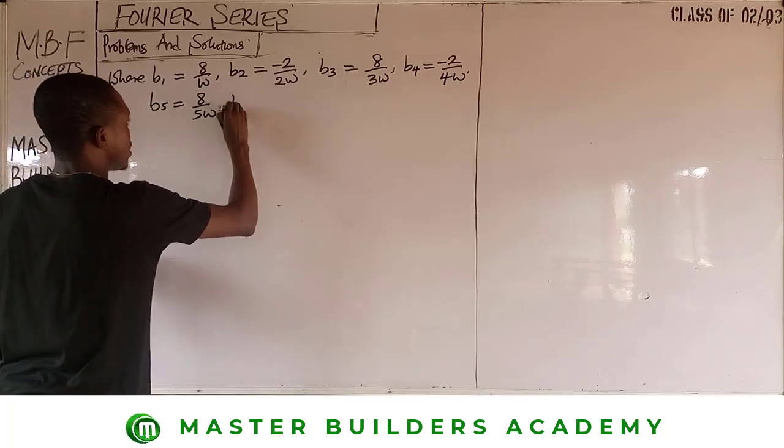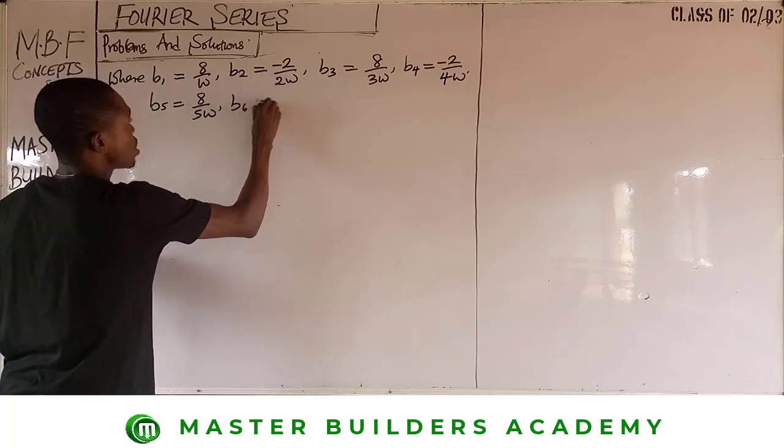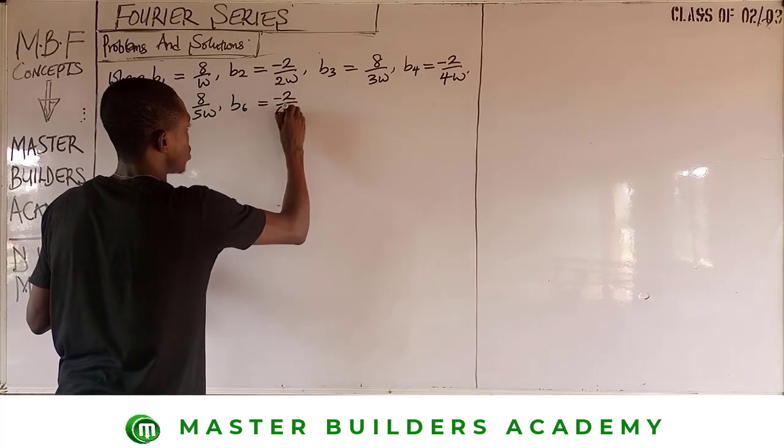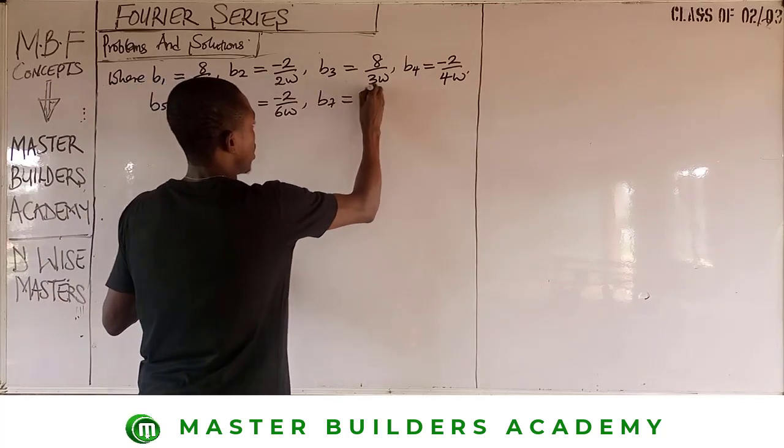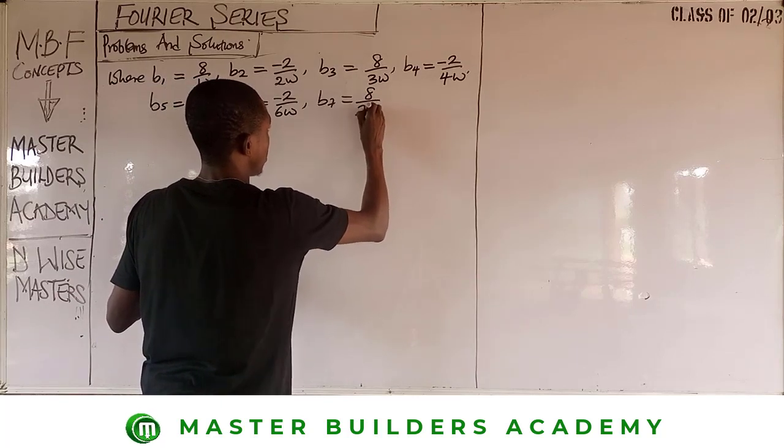If you continue like this on this sequence, this will give us minus 2 over 6w. Then b7 will give us 8 over 7w.